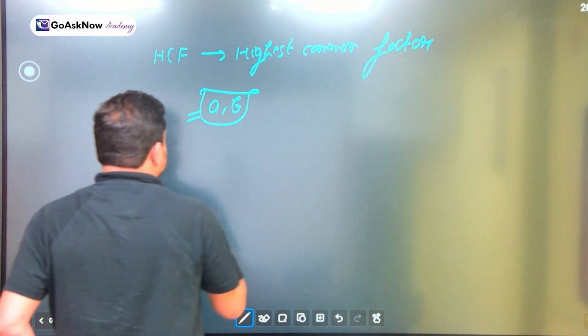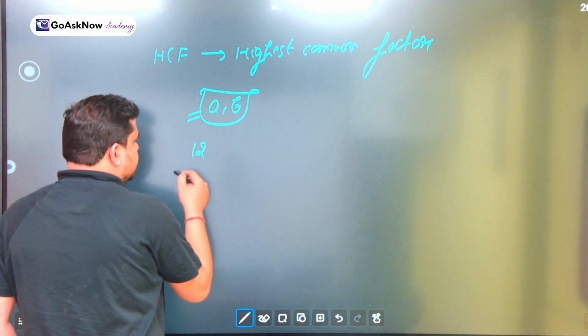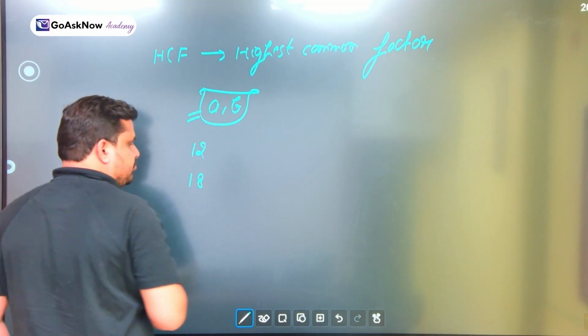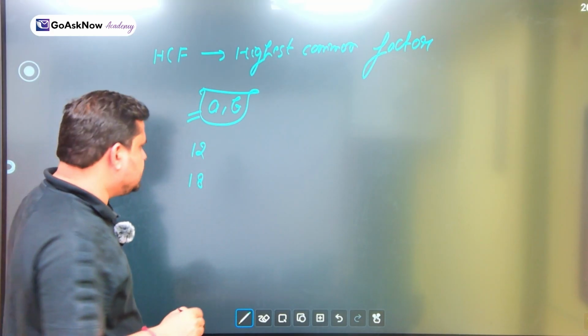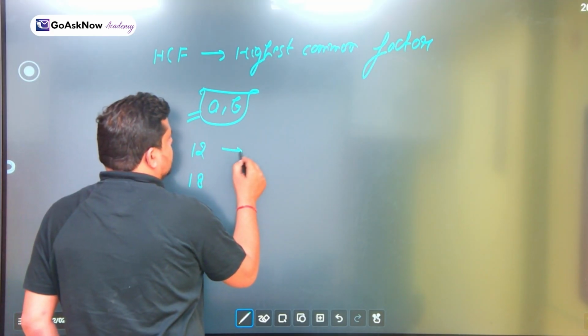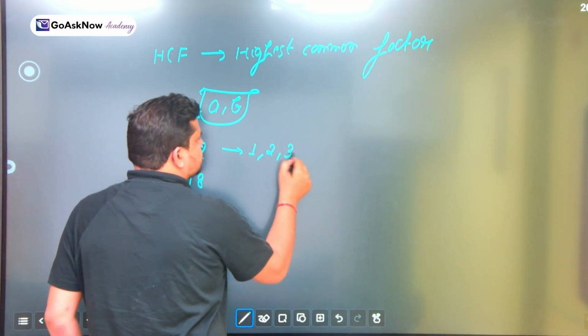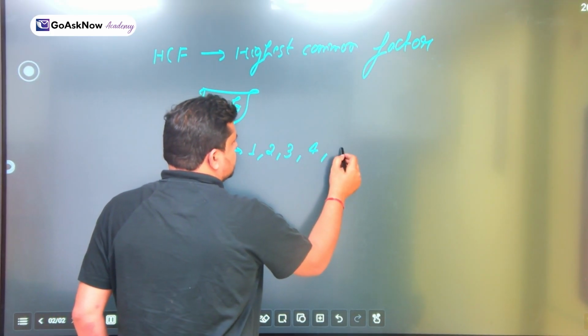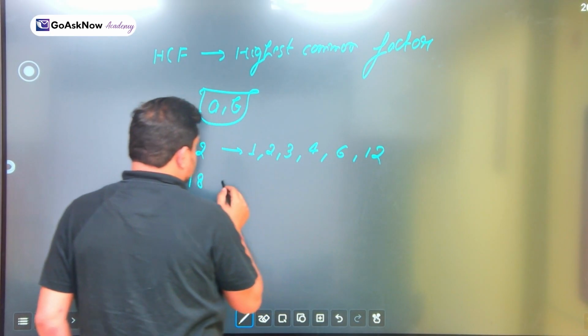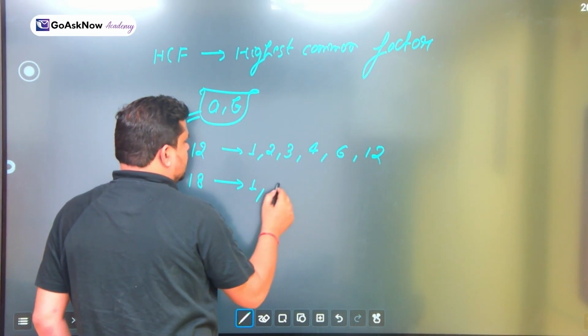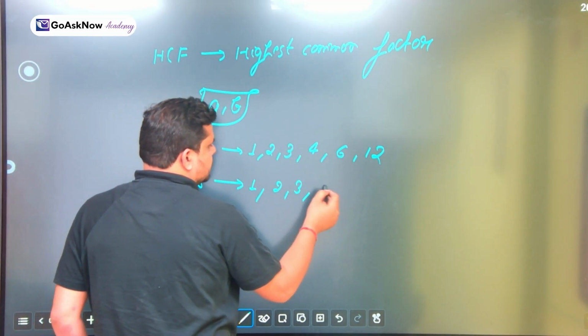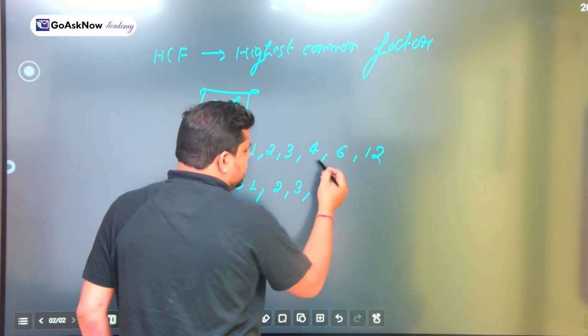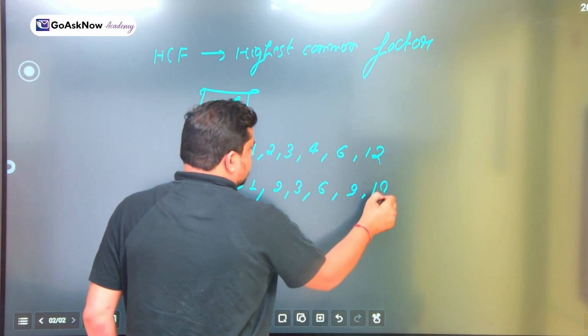Suppose we have two numbers, 12 and 18. Which are the factors of 12? We have 1, 2, 3, 4, 6 and 12 itself. And for 18 we have 1, 2, 3, 6, 9 and 18.